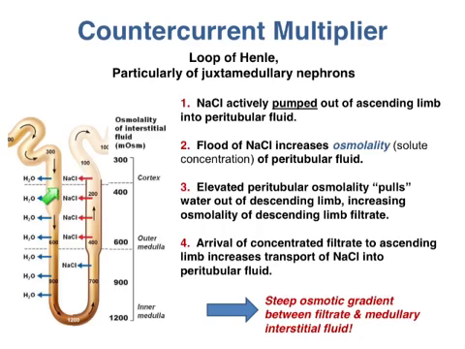So water is drawn out of the descending limb. As this water is drawn out, the filtrate gets more and more concentrated because it's losing water, right? So by the time it gets down here to the bottom, to the hairpin turn of the loop of Henle, it's highly concentrated.